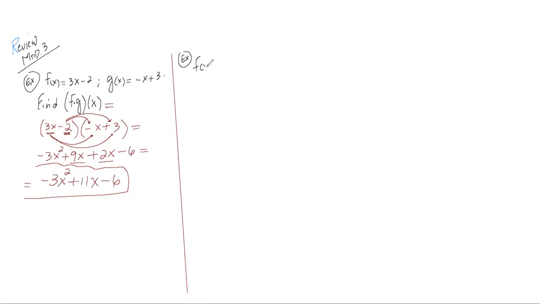Again, f of x is given as 3 over x plus 2. Our second function is given as 5 over 3x. And now I'm asking you to do this operation.